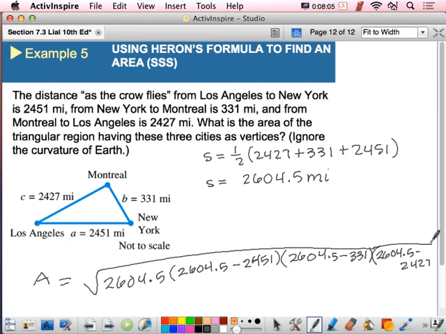So it's really long and tedious to type in, but it can be done in just one step. Make sure you take the square root, and then we are going to round it to 3 significant digits for our area.